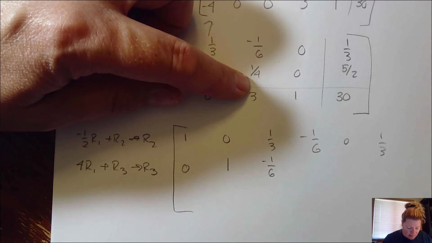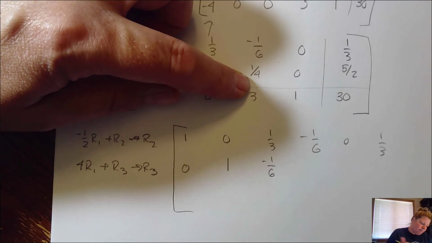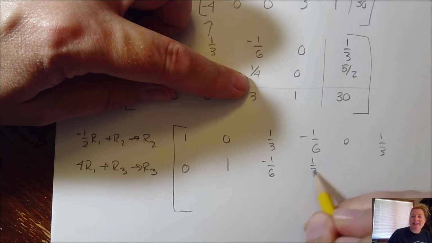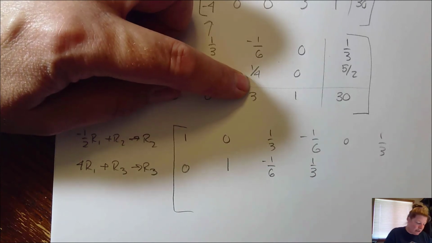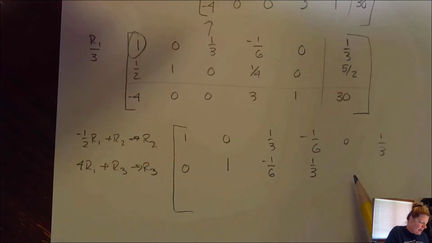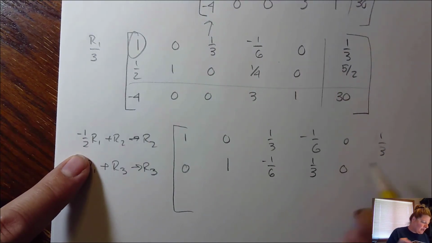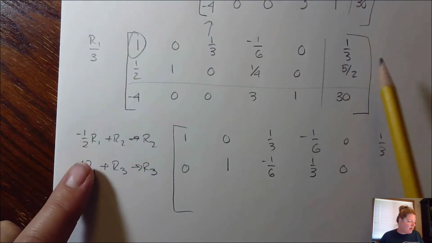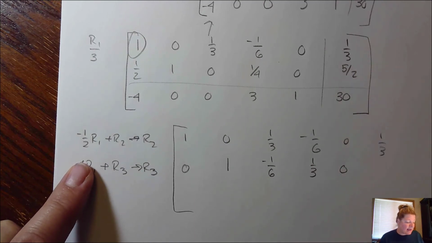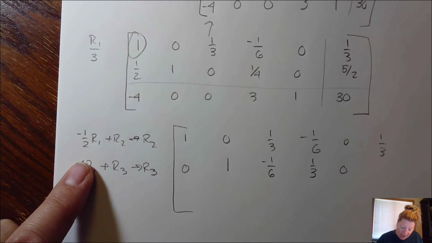I could get the common denominator, but I didn't want to. Calculator. Okay, so then 0 times anything plus 0 is 0. And then negative 1/2 times 1/3 is negative 1/6. So negative 1/6 plus 5/2 is going to give me 2 1/3. I like it to be improper, so it's 7/3.